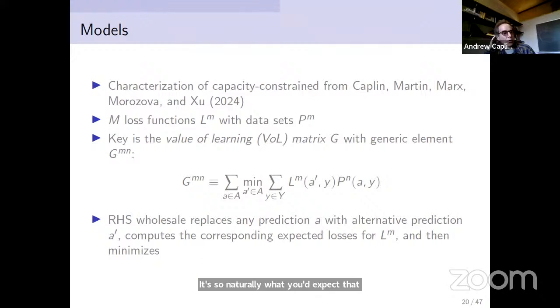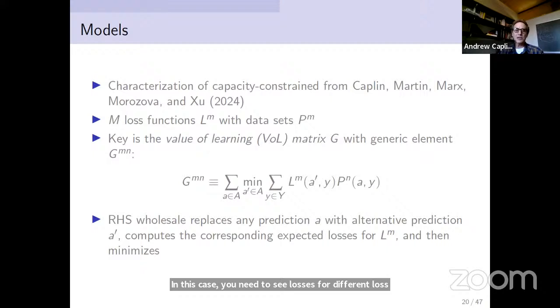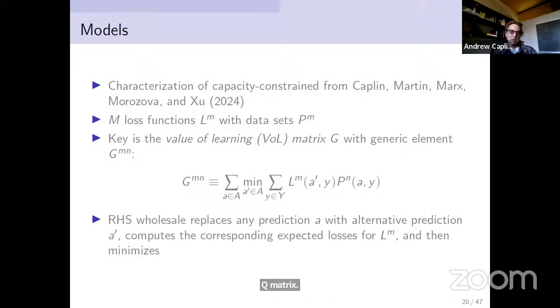What we need to do, as always, is think about more than one loss function. If you're going to do a nice revealed preference exercise, you need to see choice in different choice sets. In this case, you need to see losses for different loss functions. And there will be L super M and data sets will be P super M. And we're going to produce one Q matrix, a value of learning matrix.